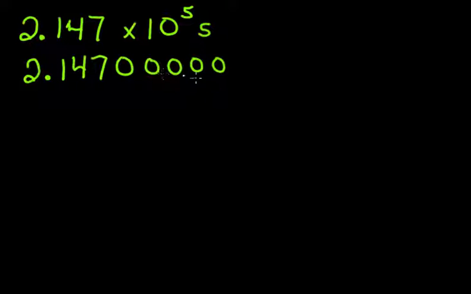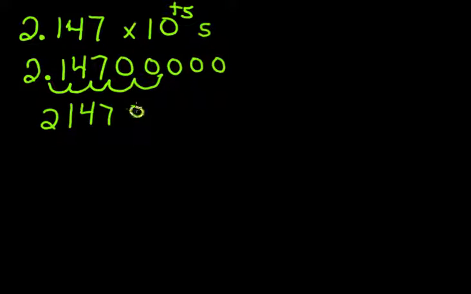Because it's positive, I want them on the right, because 5 is positive on the right. And I'm going to move the decimal place 5 to the right. 1, 2, 3, 4, 5. So my final number is 214,700 seconds. Of course, I'll add commas here, so it's 214,700 seconds, which is a valid measure.